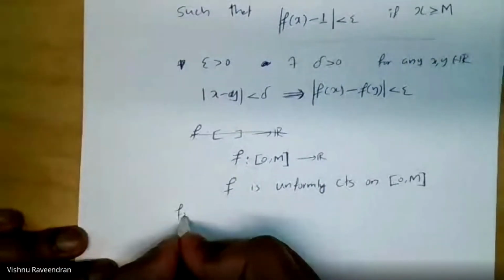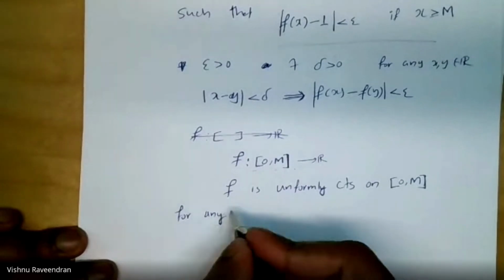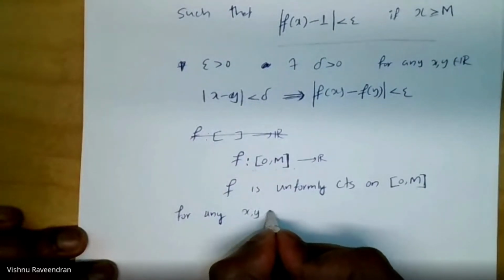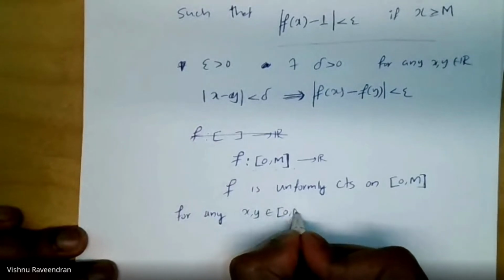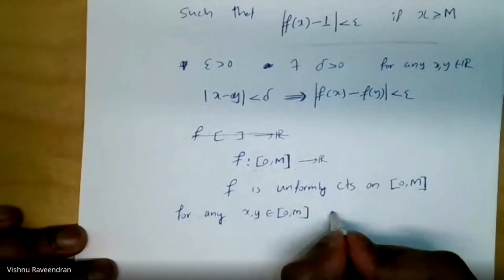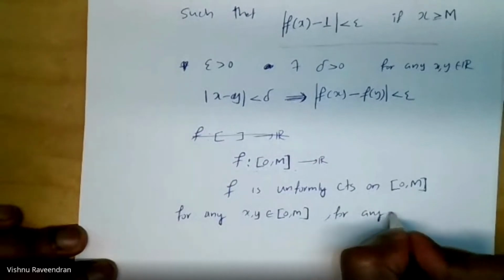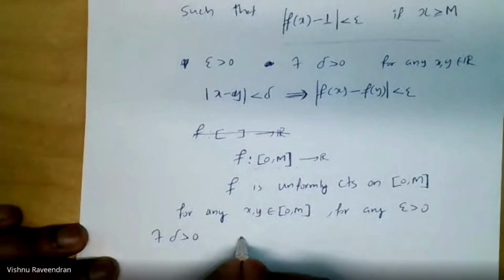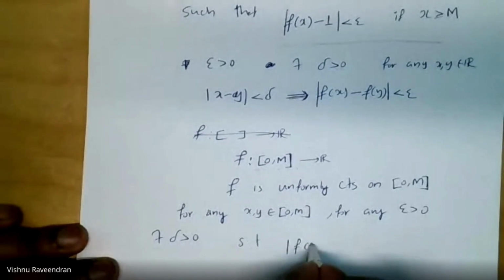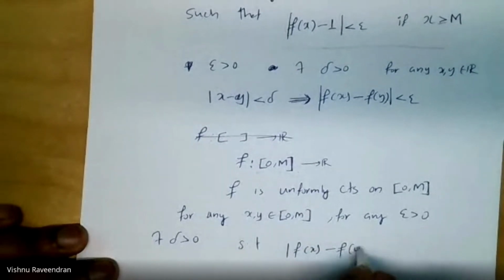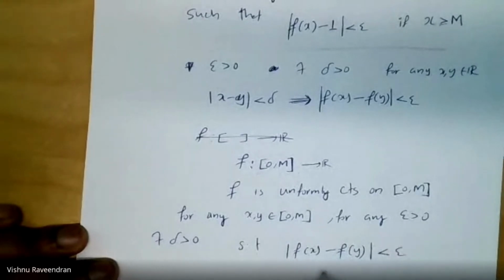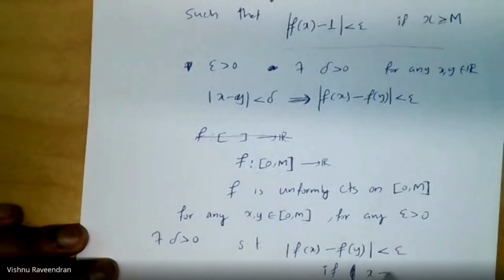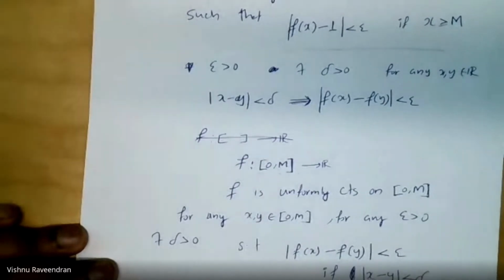That means for any x, y you take from 0 to m, and for any epsilon greater than 0, you can find a delta greater than 0 such that the absolute value of f of x minus f of y is less than epsilon if the absolute value of x minus y is less than delta.